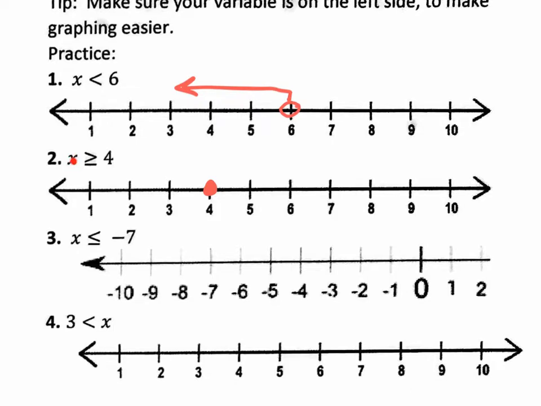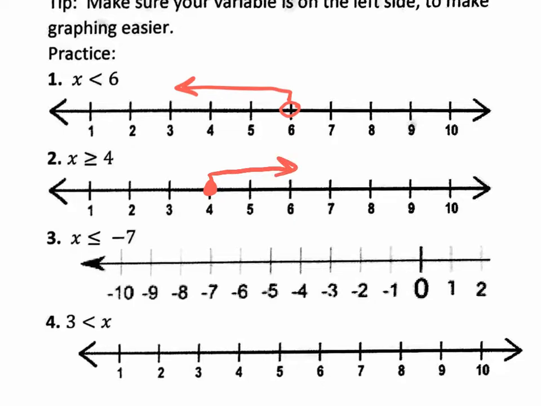The X, because the Pac-Man wants to eat the X. Okay? So this really says X is greater than or equal to 4. Which way is greater than? To the left or to the right? Greater than is to the right. So let's put that arrow going that way.